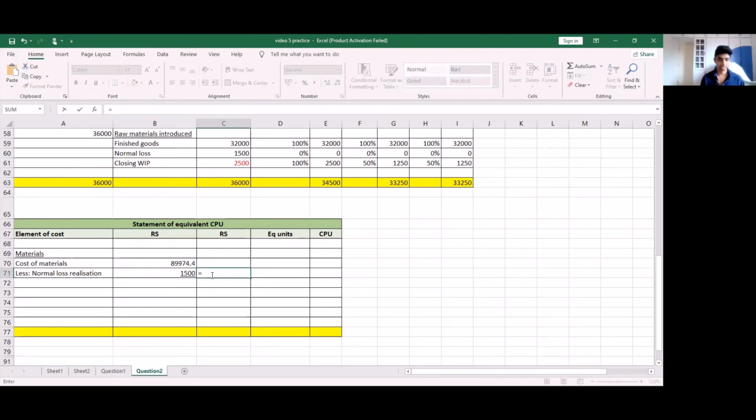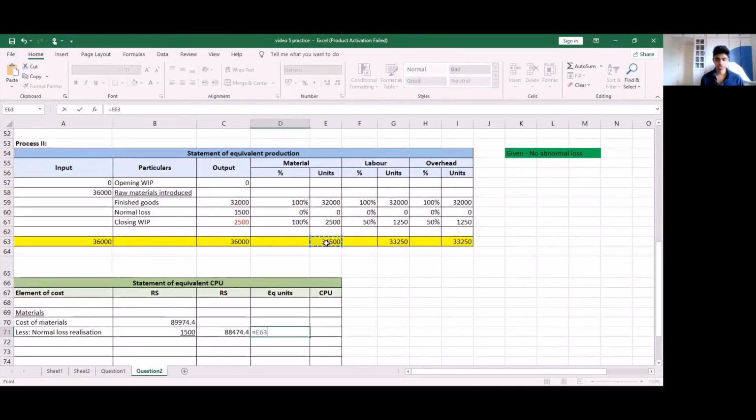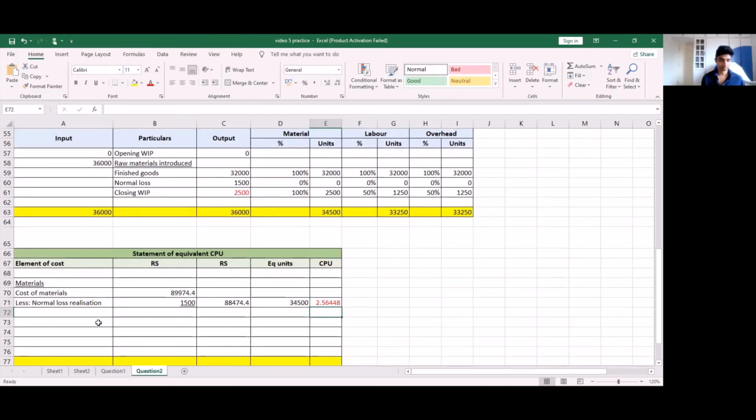By subtracting 1,500 from 89,974, we will get an amount of 88,474.4. Our equivalent units for materials is 34,500. To find our cost per unit, we will divide our amount by equivalent units. We get an amount of 2.56448.